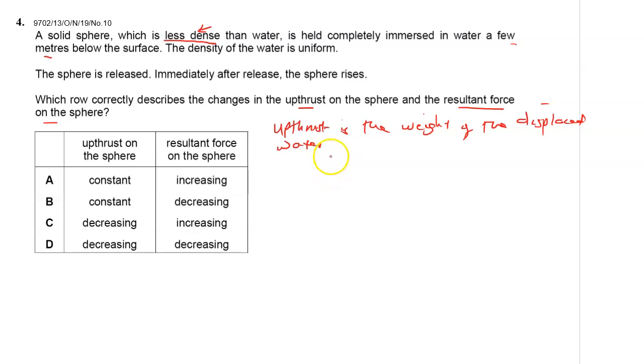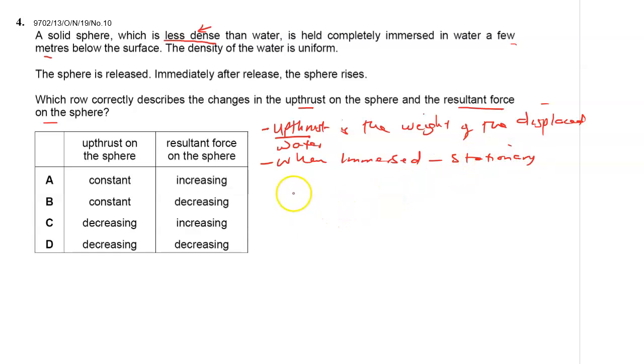If you take the volume of the water that has been displaced by the sphere, of course, it will be equal to the volume of the sphere, and then you find the mass, then convert to weight. That will be equivalent to upthrust. And when immersed, of course, it is stationary because it is held down there.